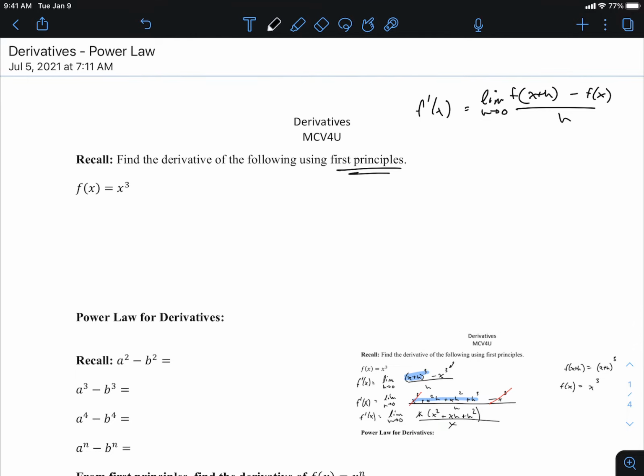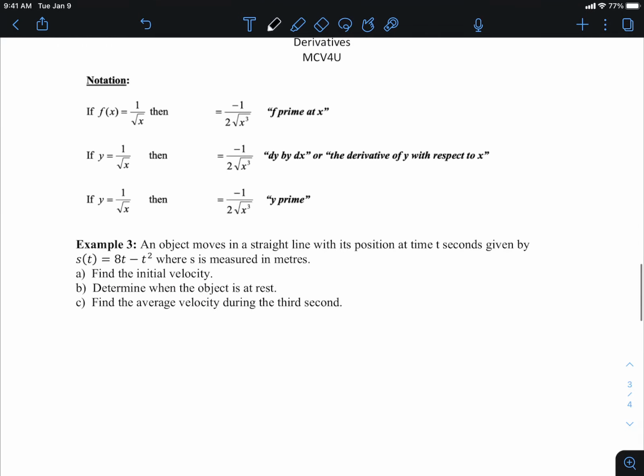f of x plus h is going to equal x plus h cubed. And we know that f of x is just equal to x cubed. Now, this here is the same as, I'll save you some time, x plus h times x plus h times x plus h. If you were to expand this out, I'll scroll down here so you guys can have a look.